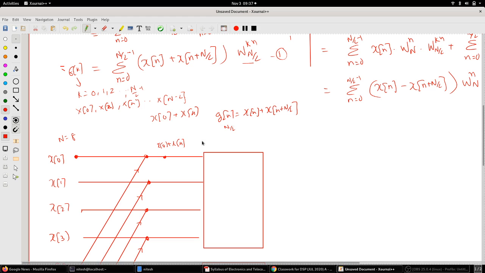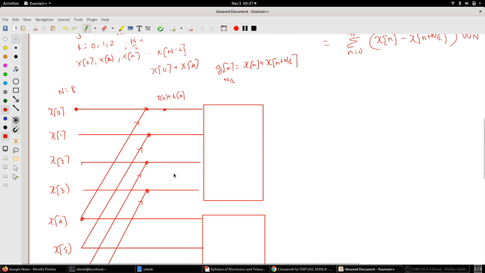So this input here will be g of n, which is given to an N by 2 point DFT, and you get 4 points of output coming out of it.